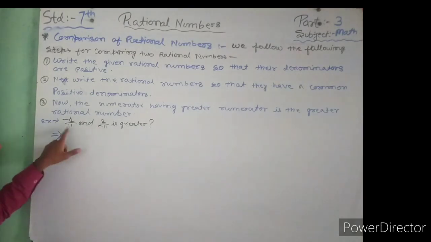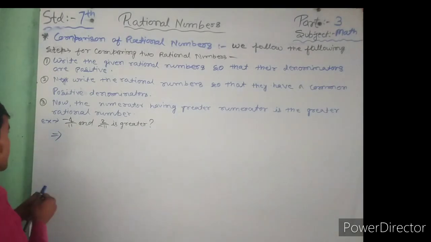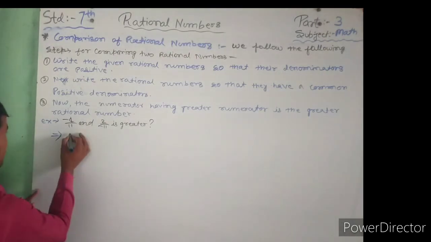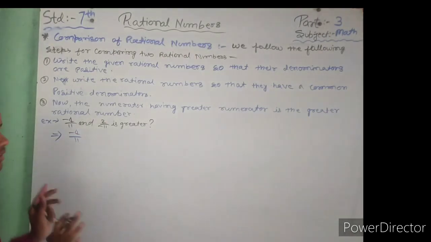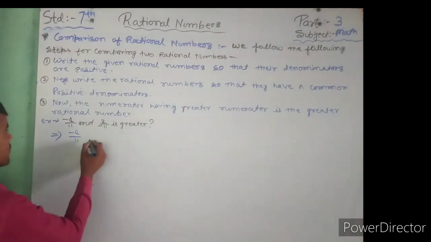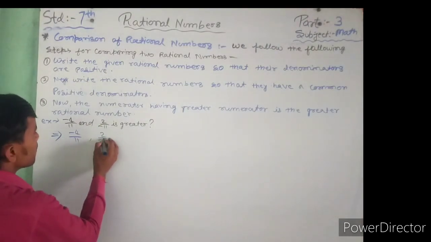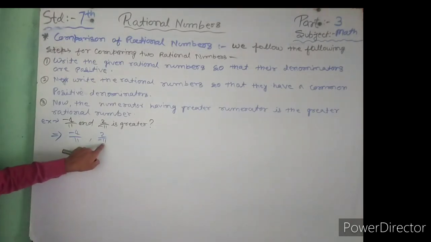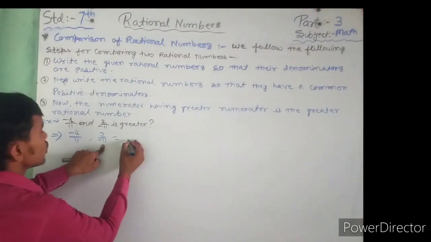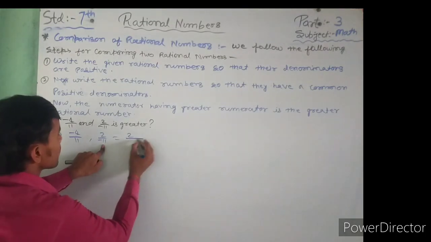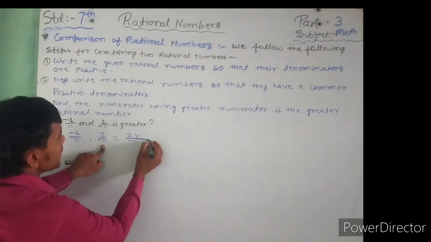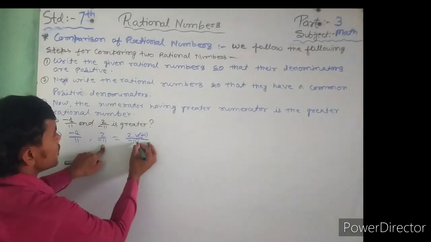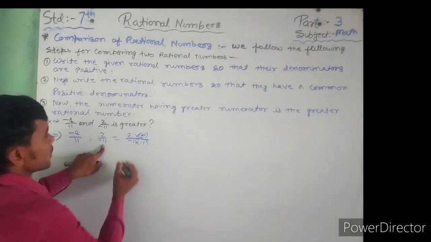My dear students, you see, on one side here -4/11, that's positive denominator, and next here 2 by -11. So firstly you convert that number so the denominator is positive. How to convert? You know -11, so multiply with -1, here also multiply with -1.